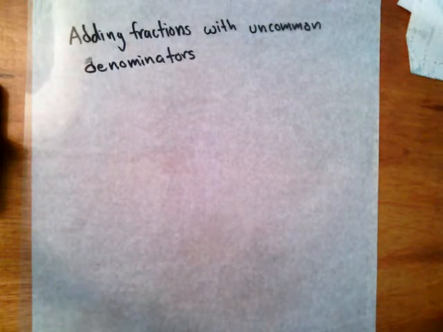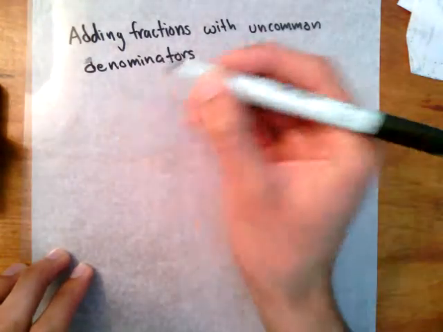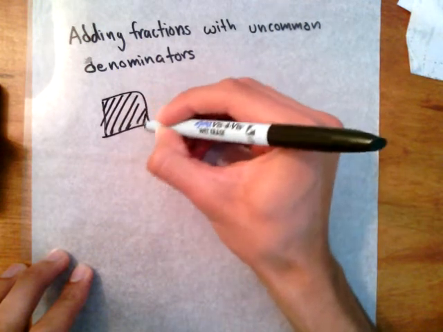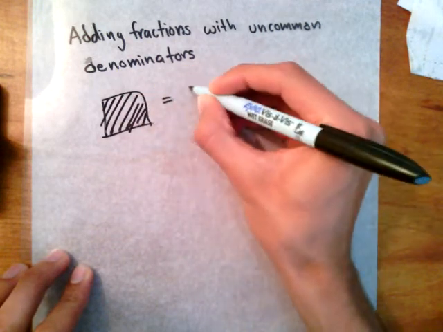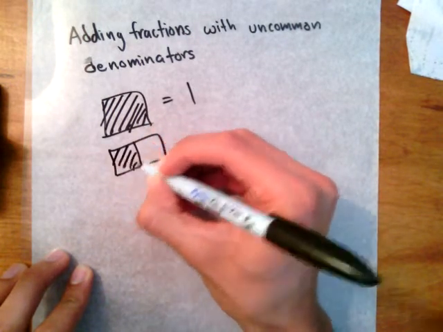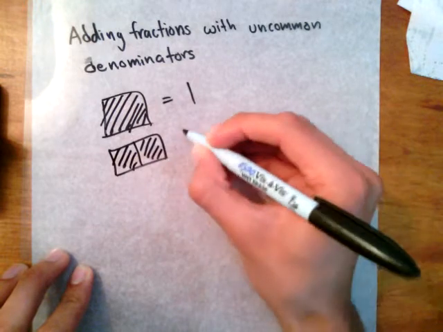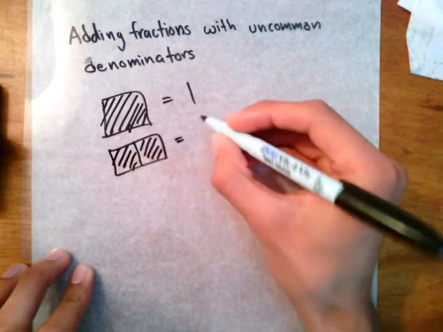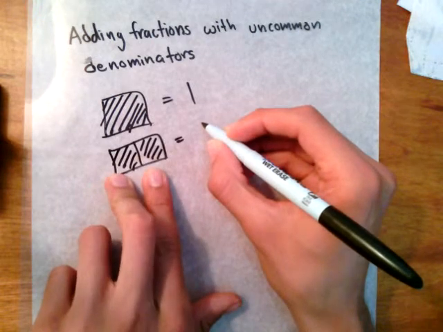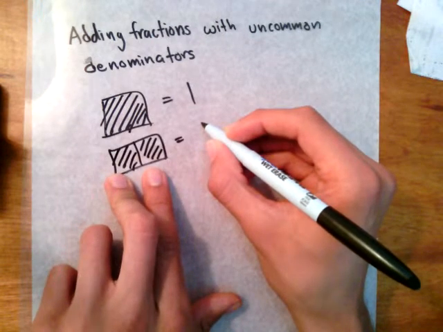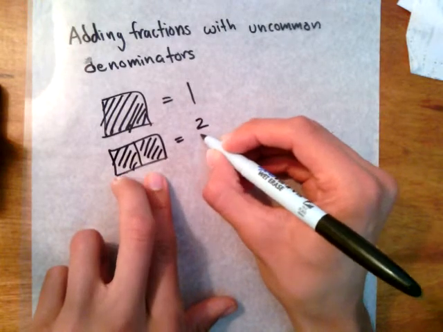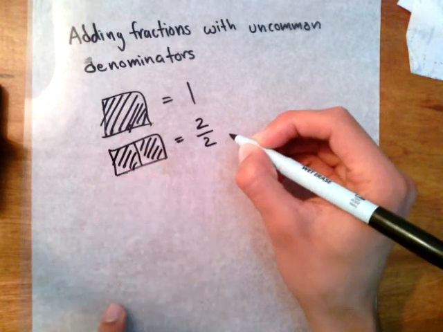So just to touch up on this, imagine we have this rectangle where everything is shaded. Now this rectangle represents the quantity 1. Now we can break this rectangle in half, the very same rectangle, and represent this as a fraction. So here we have two portions shaded out of the two portions that we began with.